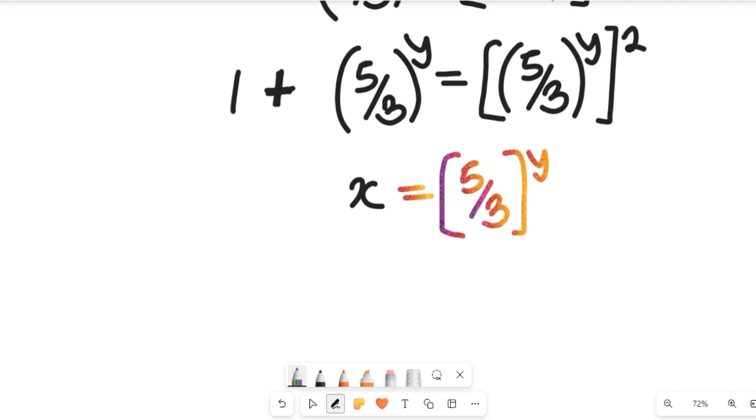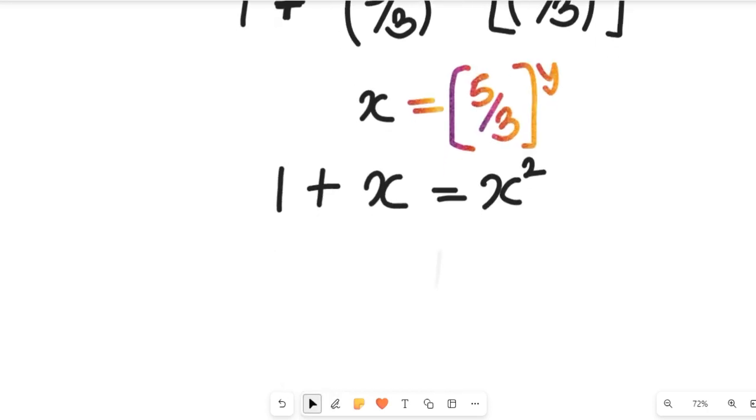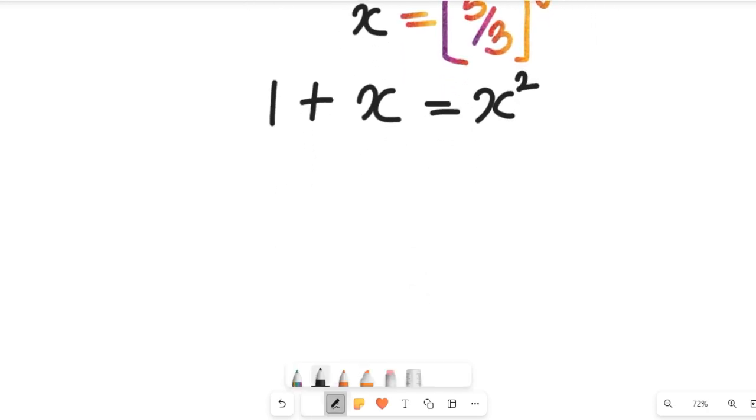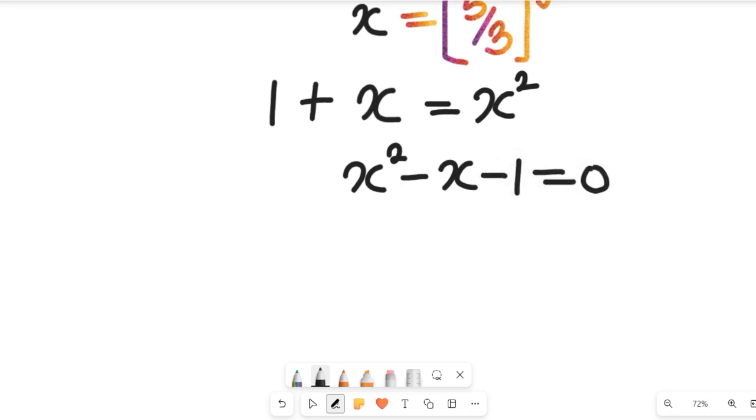Now if we take that, the expression will now become 1 plus x, and this will be equal to x squared. So if we take everything to the right hand side, we'll have x squared minus x minus 1, and this will be equal to 0.